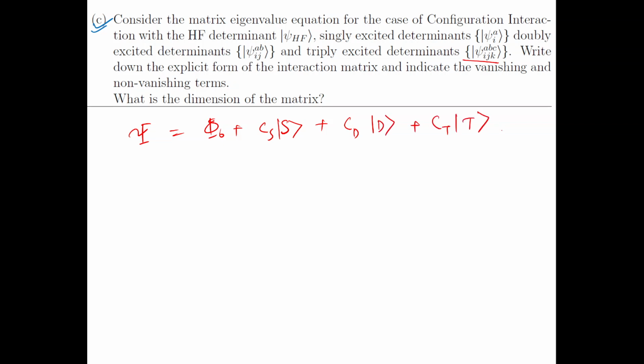So you are truncating here. There were many terms, but you are truncating here. I will not consider these terms. I will consider up to triples only. So you are taking all the singles, doubles, and triples determinants.